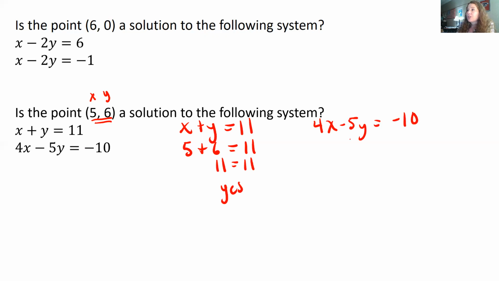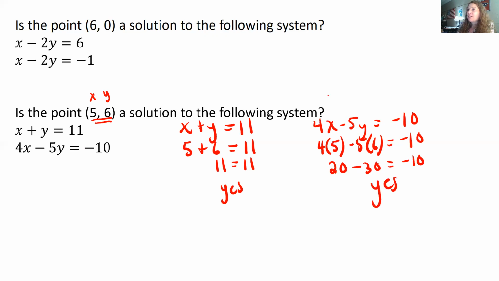I'm going to substitute 5 for x and 6 for y and see what I get. So 4 times 5 is 20 minus 30, and 20 minus 30 is 10. Yes. So the answer to the overall question is yes. This is a solution to the following system because we must have two yeses.